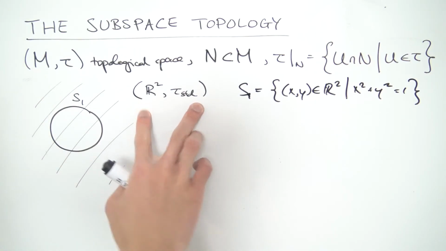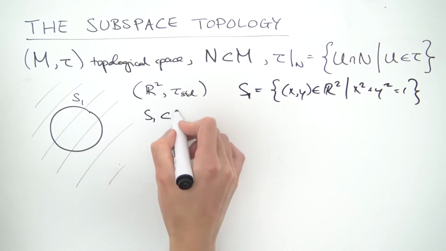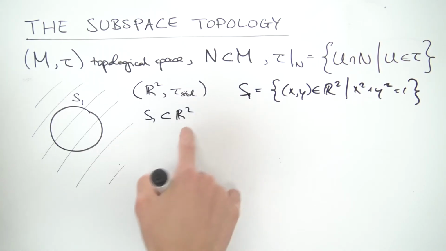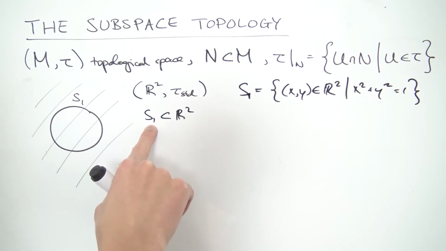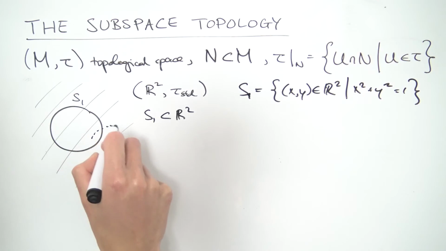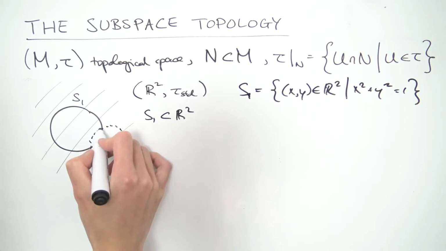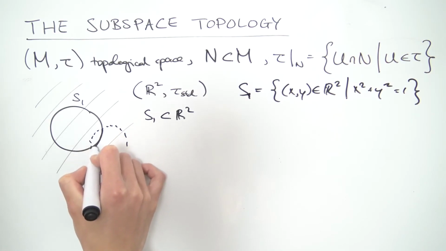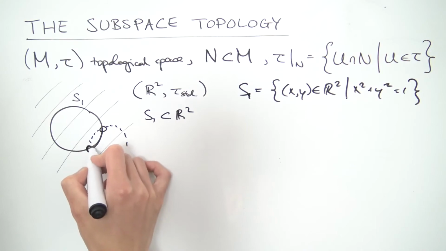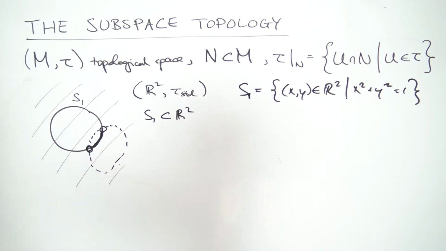And now, since S1 is just a subset of R2, we can take the topology in R2 and put it onto S1. So if you take any arbitrary neighborhood or open set in R2, let's say this one over here, then notice what the intersection with S1 is. It's simply like an interval on S1, but the ends are not included. So this is an arc on the circle that doesn't contain its boundary.